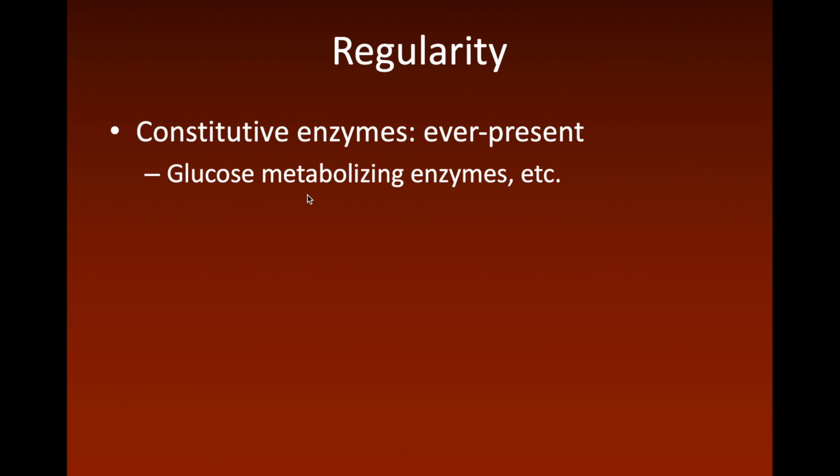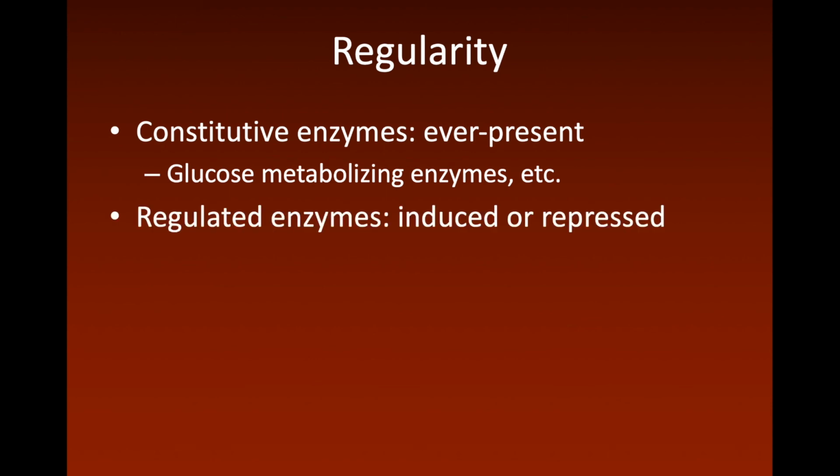A prime example of this are those that are involved in metabolizing glucose, because glucose is the starting compound for the central metabolic pathways in pretty much every cell that's out there. Whether or not glucose comes into the cell doesn't matter. These glucose metabolizing enzymes are always present. That means they're always being made, and they're always in the on position, right? So they're always being expressed, and they're always functioning.